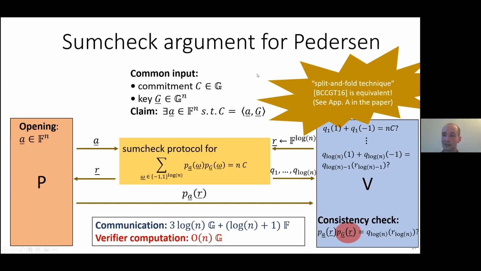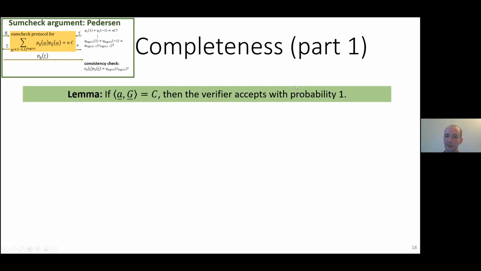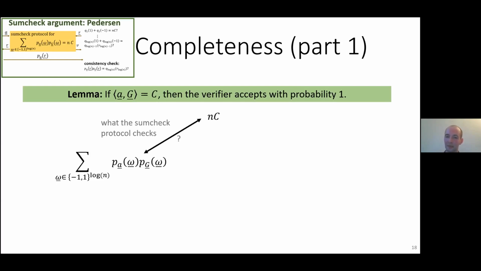Okay, so next I'll talk a bit about the completeness and soundness of this protocol before going on to talk about some more complicated commitment schemes. So, completeness. We want to know that if the original Pedersen commitment was properly formed, then the verifier is going to accept at the end of this protocol.